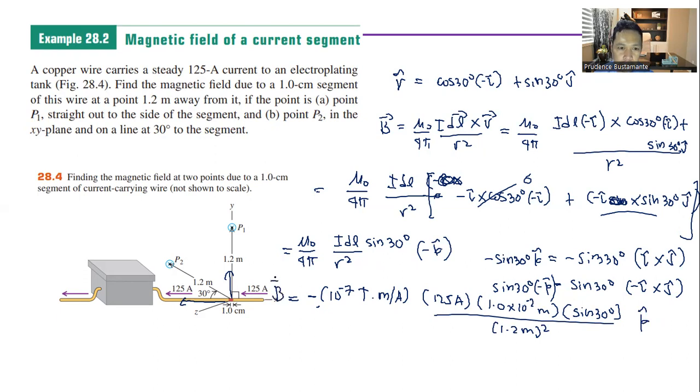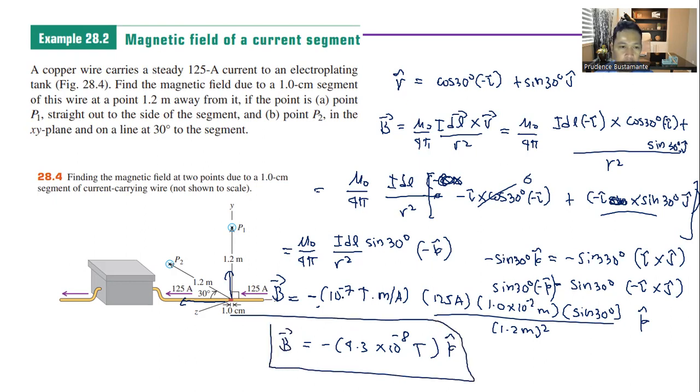This is the magnetic field, and you can see that this is equal to negative 4.3 times 10 to the negative 8 Tesla. The meters will be cancelled, the amperes will be cancelled, and we're left with k hat, negative. So this is the direction of the magnetic field.